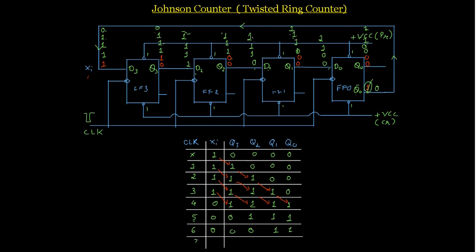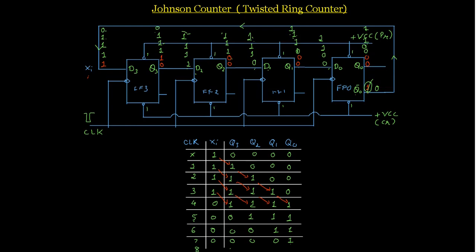When the seventh negative edge is coming, then this is 0, 0, 0, 0 and 1, and the eighth negative edge will come. Then here remember Q0 is 1, so at this end this Q3 becomes a 1.